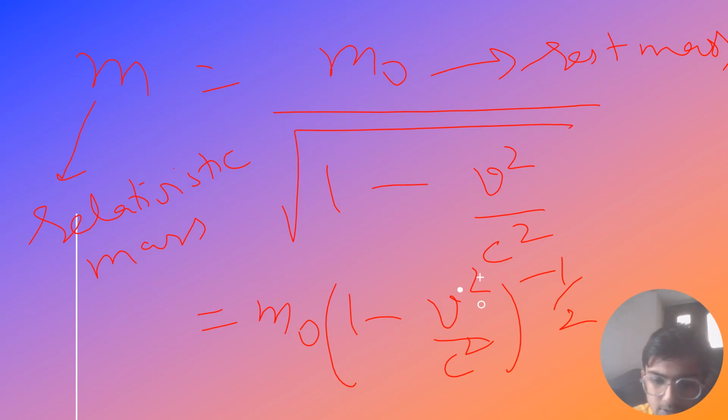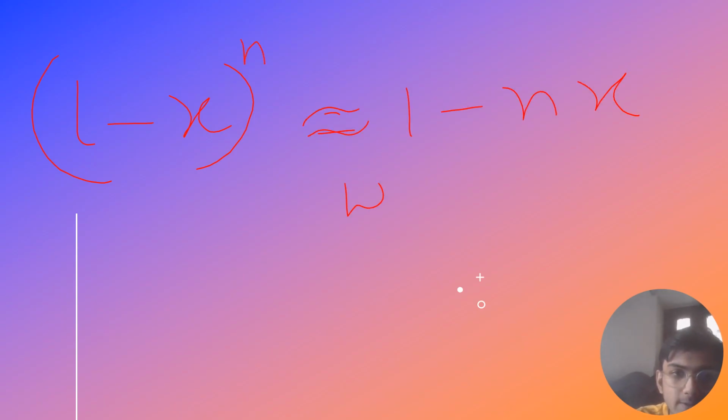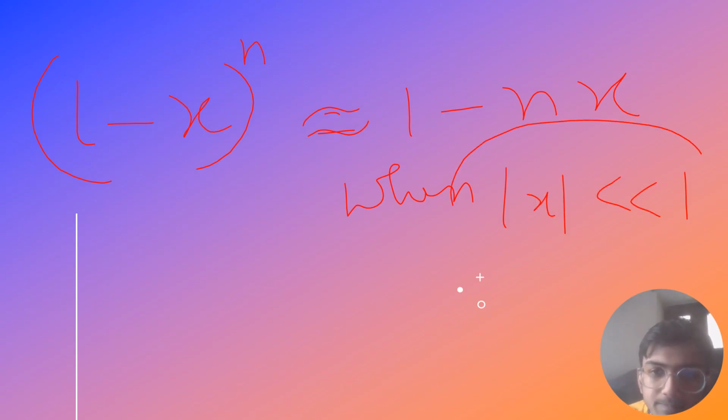Now here you can use an approximation, I think you know, but I'll tell you. Whenever we see 1 minus x to the power n, we can write it as 1 minus nx, when the magnitude of x is very much less than 1.